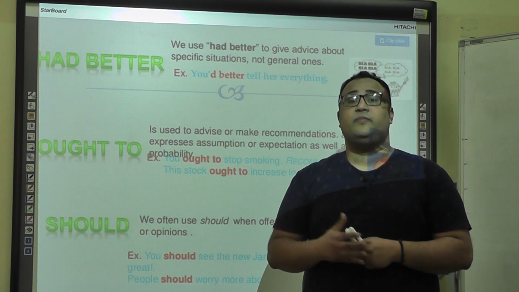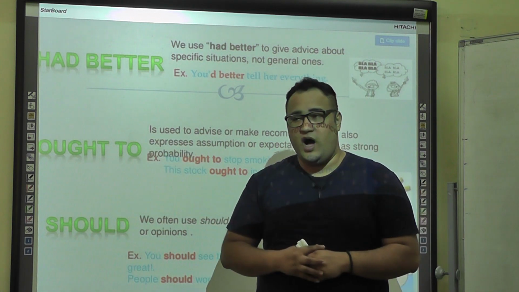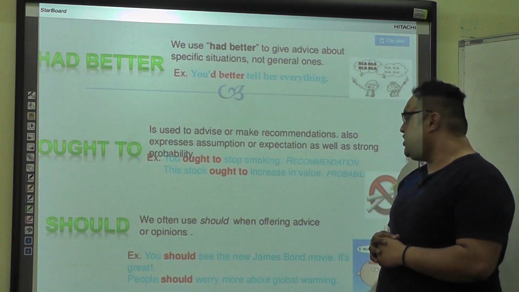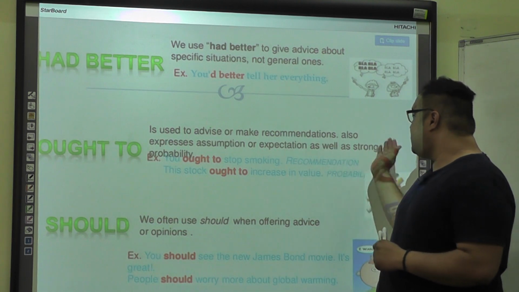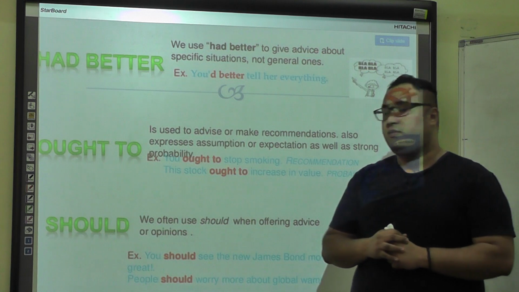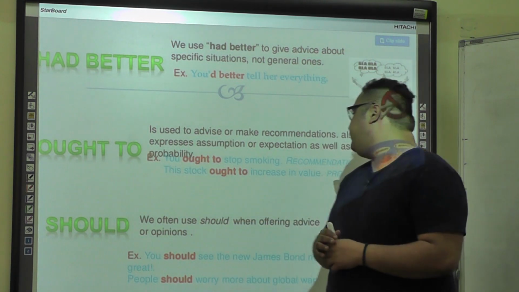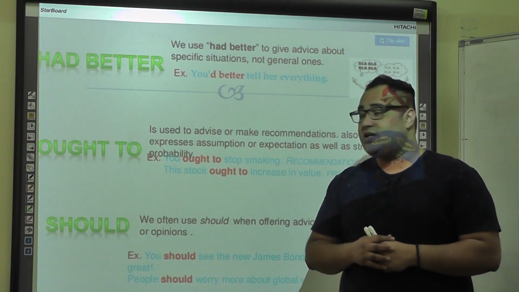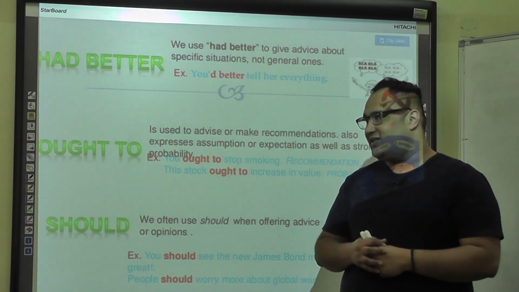But then again, it's necessary that we are aware of the modal ought to. Ought to is used to advise or make recommendations. Also, it expresses assumption or expectation as well as a strong probability. For example, you ought to stop smoking. That is a recommendation. Next, this stock ought to increase in value. So that is a probability.